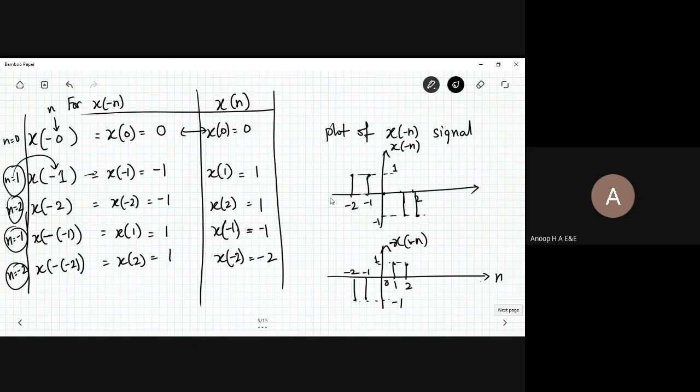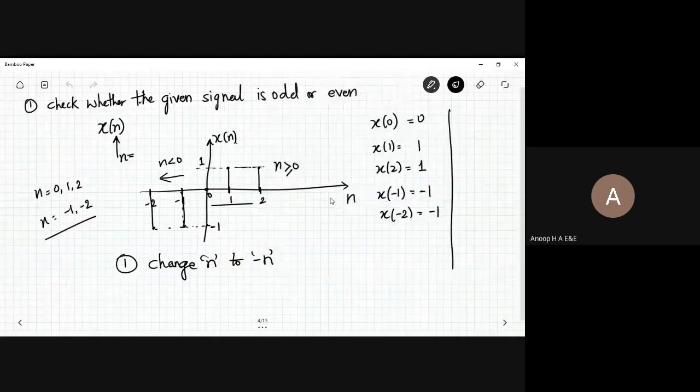Okay, so this is what you can get here, and what you can write here is x of n will be equal to minus x of minus n. So this is the condition to be verified for an odd signal. It is not an even signal, it is an odd signal.